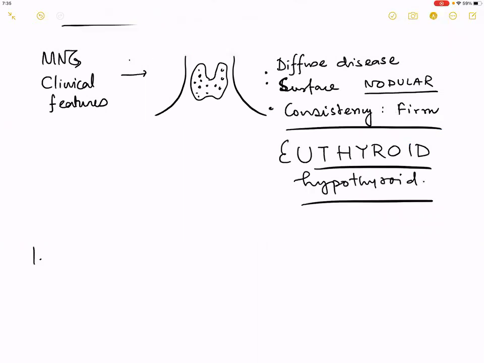Fate or complication number one is that it increases in size. The multinodular goiter, please remember, increases in size.